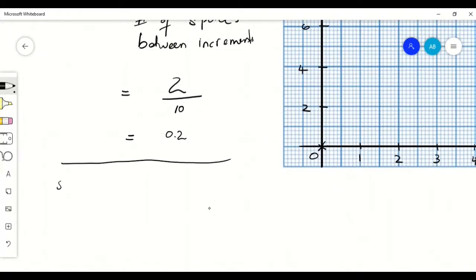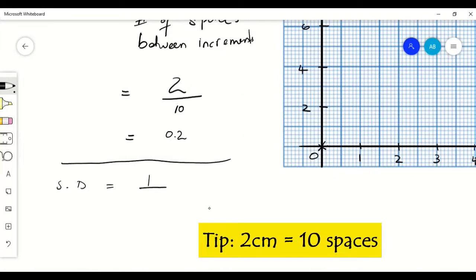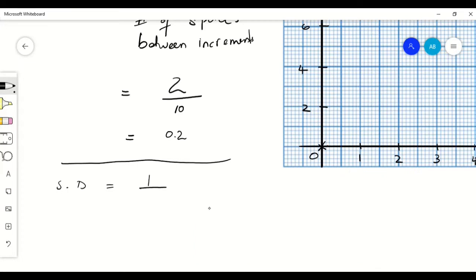So the smaller divisions, and I'm going to be calling it ST this time around, will be equal in this case to 1 because it increases by 1 each time, divided by, and here's another trick, once it's 2 centimeters, there will be 10 spaces. So I already know that. 1 divided by 10 gives us 0.1.